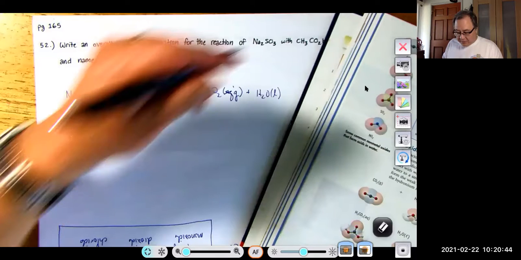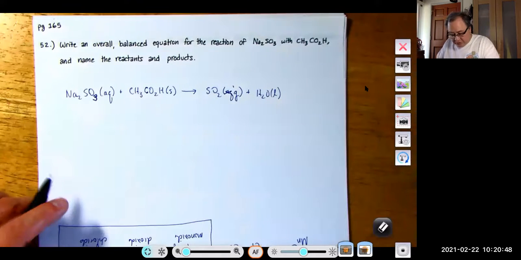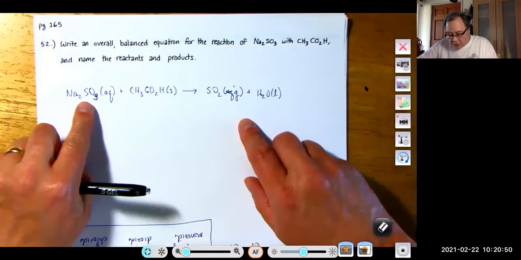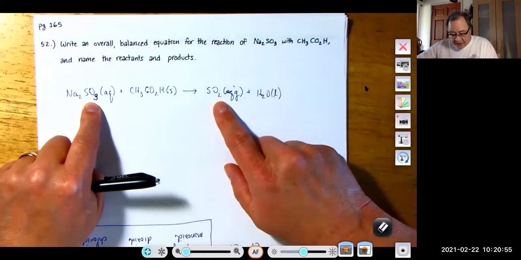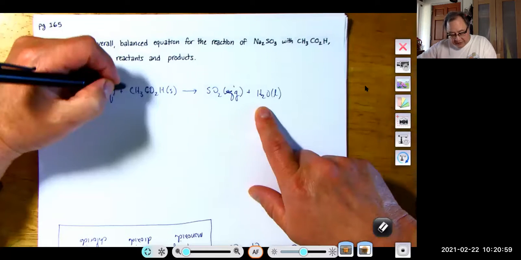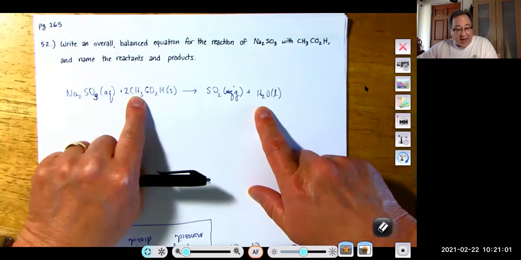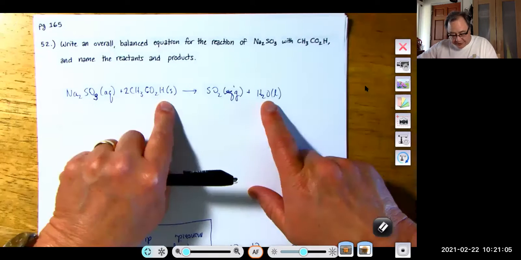And I'm willing to bet that we can figure out the rest of this. So the SO2 comes from the SO3, right? The H2O comes from 2 hydrogens here, because I know that these hydrogens here do not react. So that's why I put a 2 here for those 2 hydrogens.